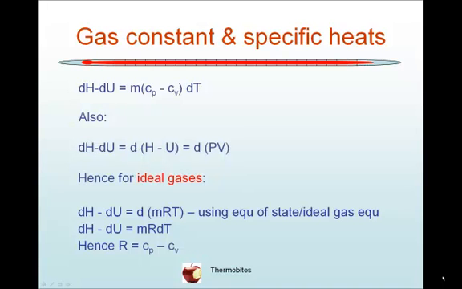And hence for ideal gases we can write dH minus dU is equal to d(mRT). So that's just replacing PV by mRT using the equation of state, or the ideal gas equation. And so that's dH minus dU is equal to mR dT, which we can equate with the equation up the top, and hence we can relate the gas constant R to the specific heat capacities. So R is equal to Cp minus Cv for an ideal gas.